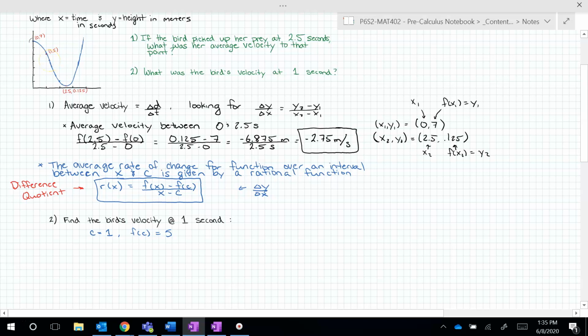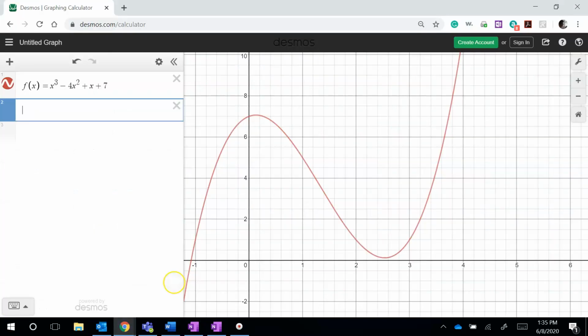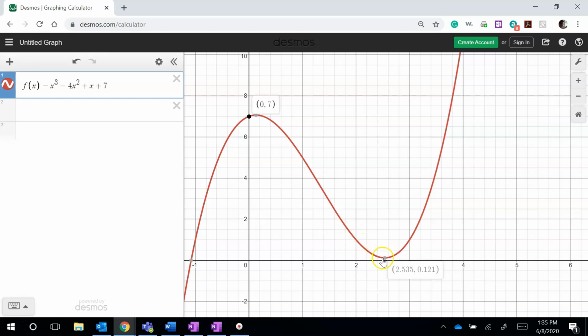So what we can do is model this a little bit numerically first, just to get a better picture. So let's go to Desmos. In Desmos here, I already have this graph created, again with the 0 and the 7, and down here, if I plug in 2.5, it's exactly 0.125. It's not quite the vertex, it grabs it a little bit before it hits that bottom.